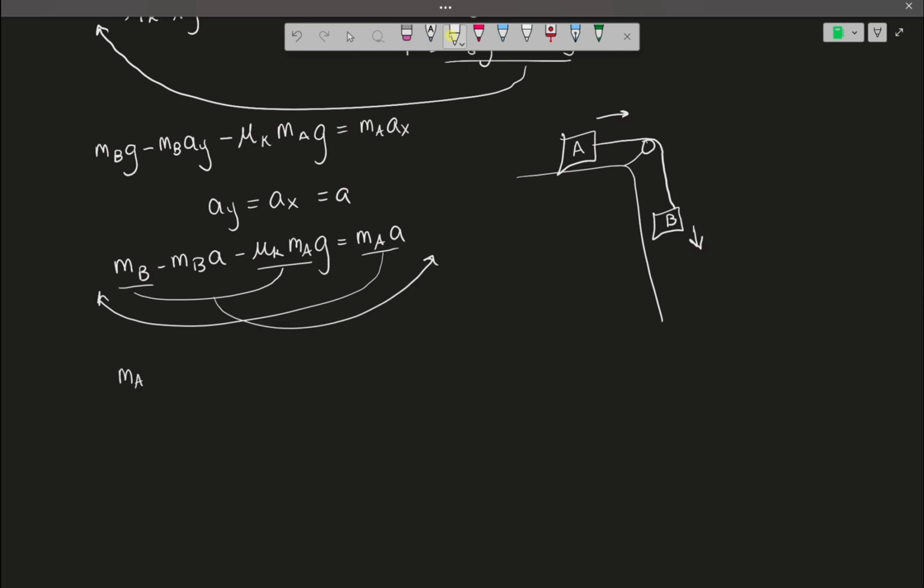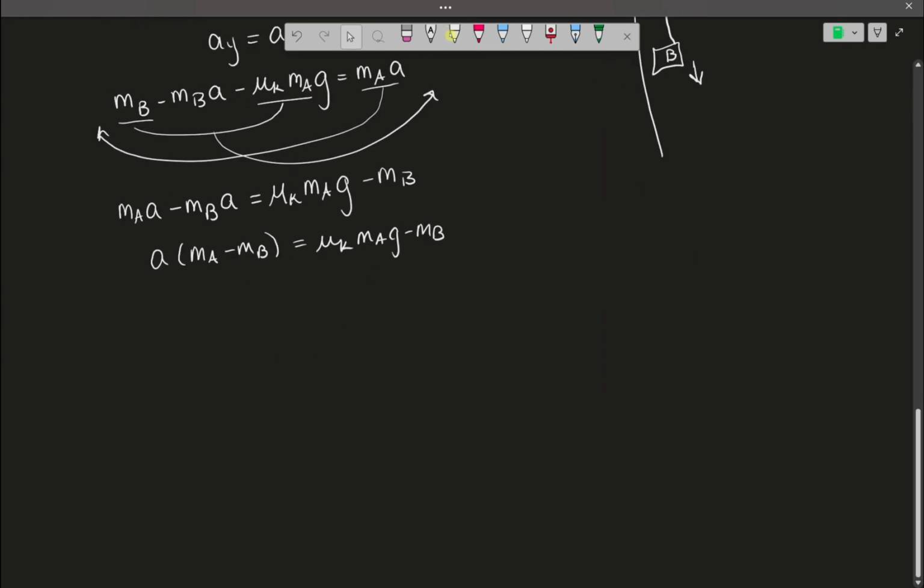So I get the mass of block A times the acceleration minus the mass of block B times the acceleration is equal to the coefficient of kinetic friction times the mass of block A times g minus the mass of block B times g. I can simplify the left-hand side by pulling out the acceleration. And then I'm going to divide both sides by the mass of block A minus block B.